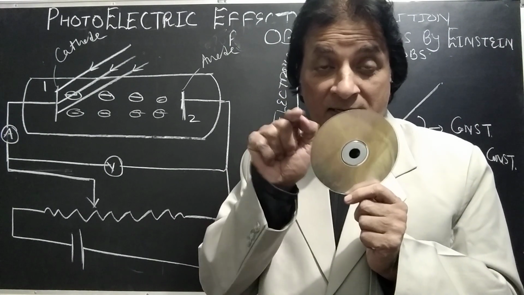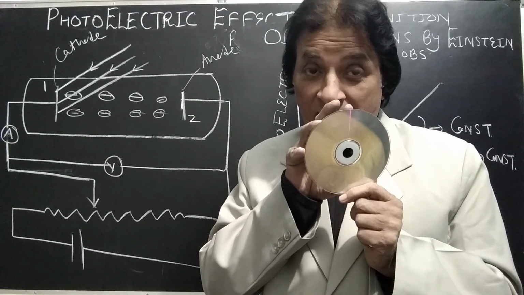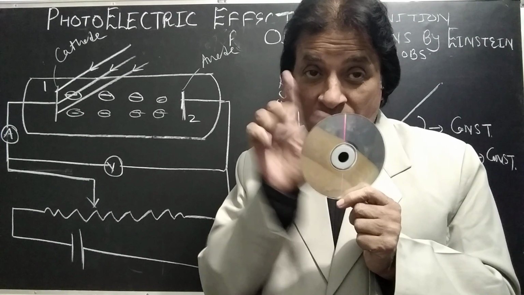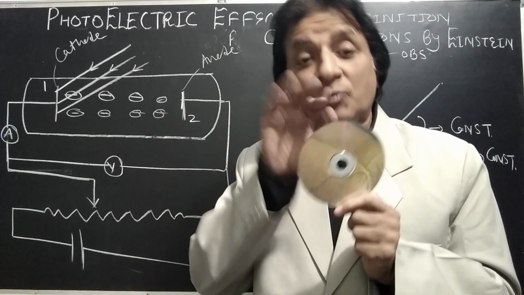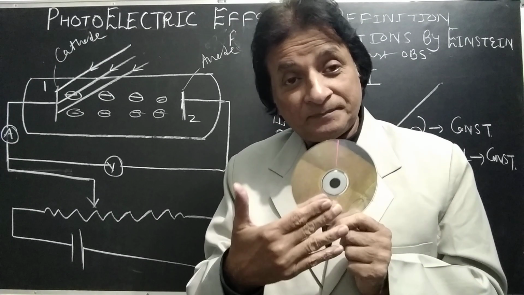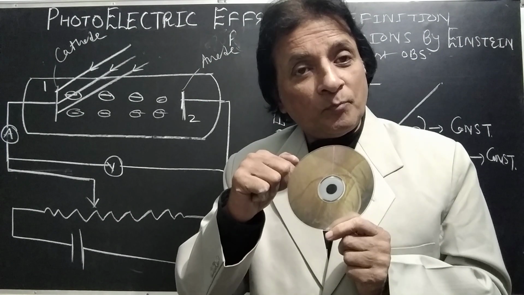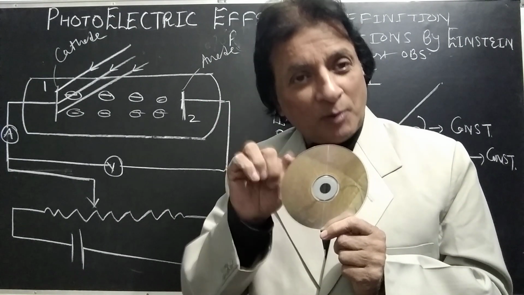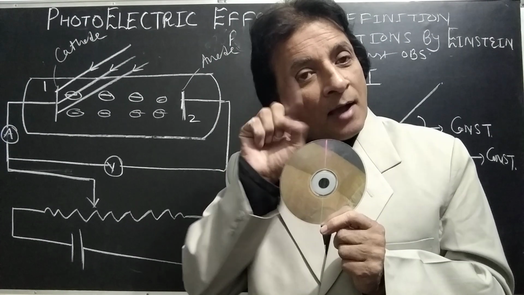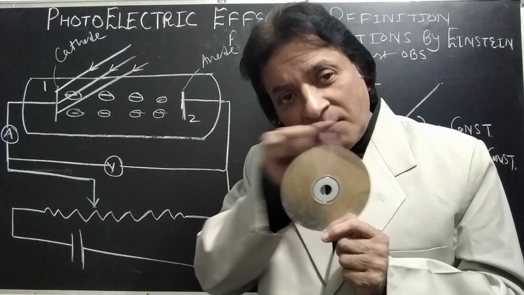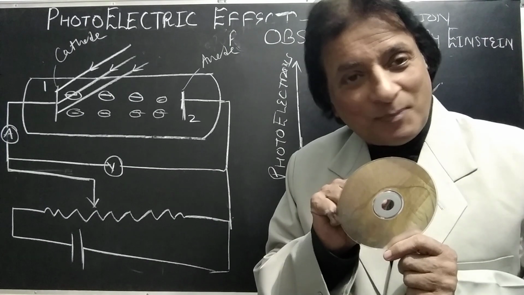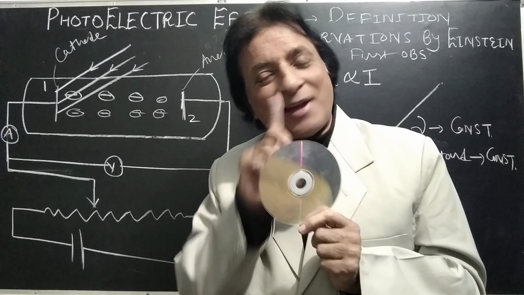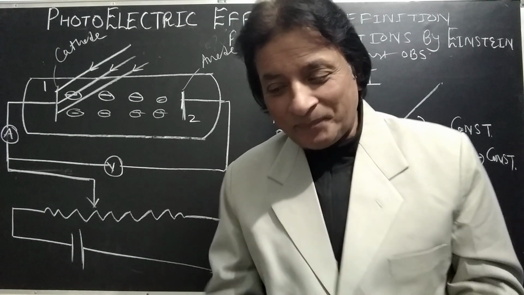Again, intensity is the light energy E received per unit area, per unit time. Energy per unit time, watt per meter square. Area being held perpendicular. So that is called intensity. Clear?